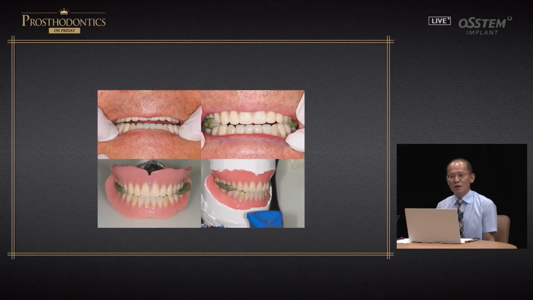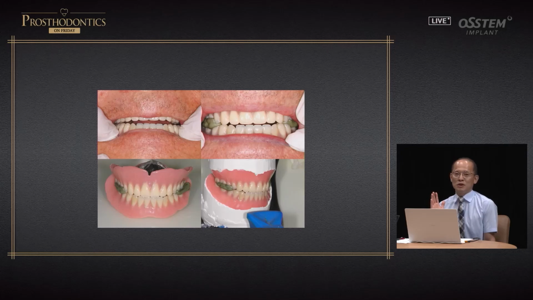Occlusal adjustment is not about creating BBO. So in these lectures, I always emphasize synchronicity. Synchronicity here means when you close, you have to close it together all on the posterior side, be it a full mouth or edentulous patient, whatever the restoration. This is the key concept.